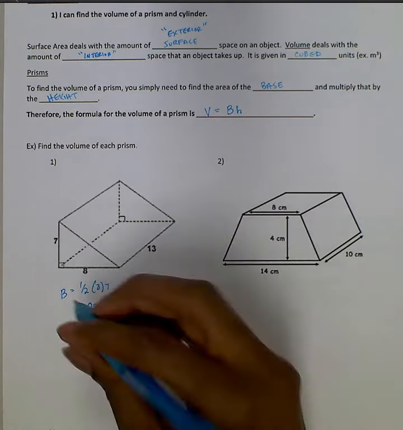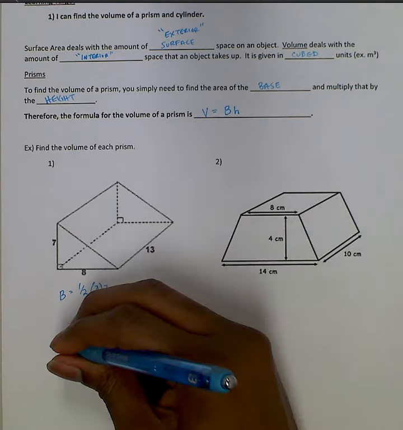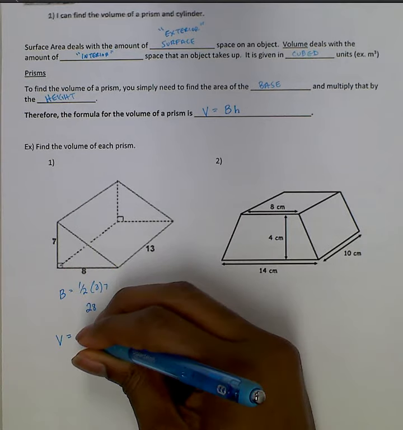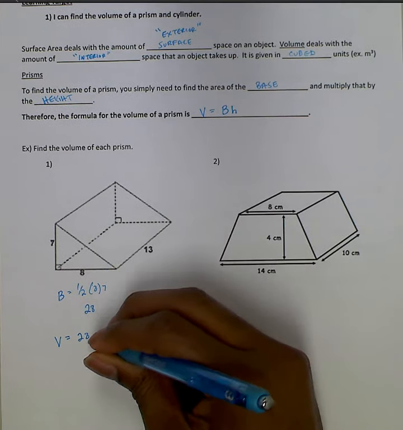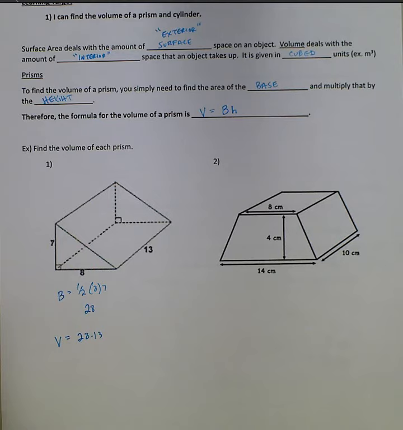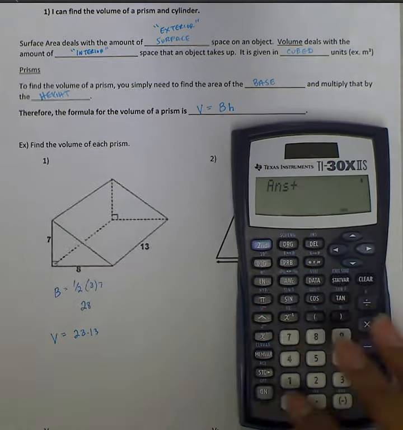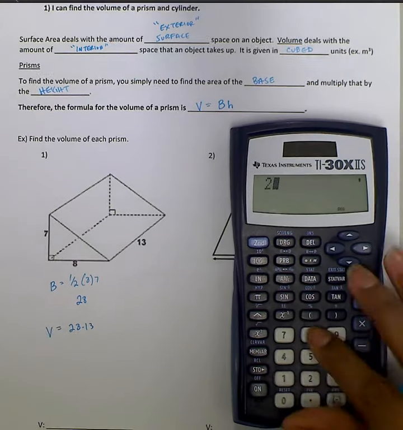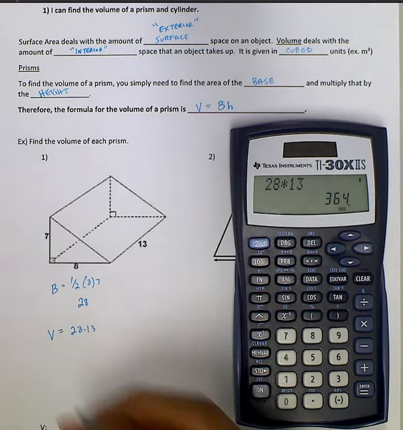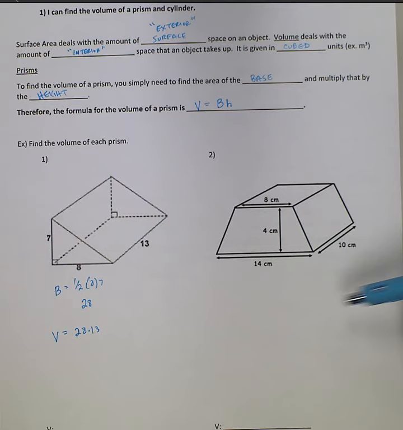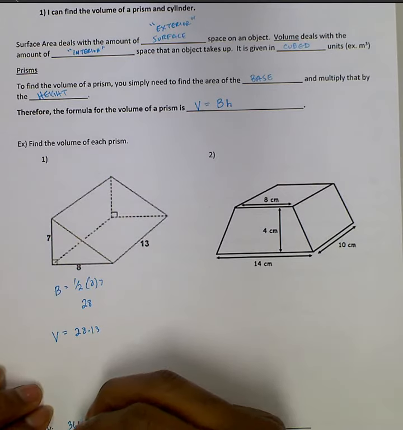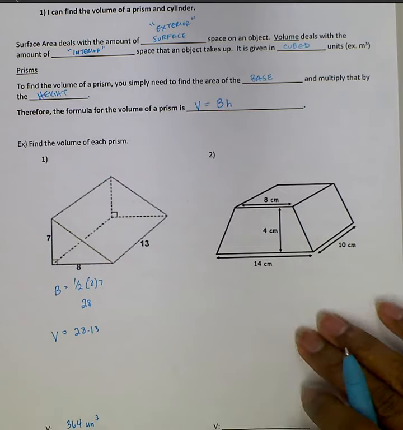The height is 13, so volume will be 28 times 13, and that will give us 364. So the volume will be 364, and I'll just say units cubed. There's no units given to us there.